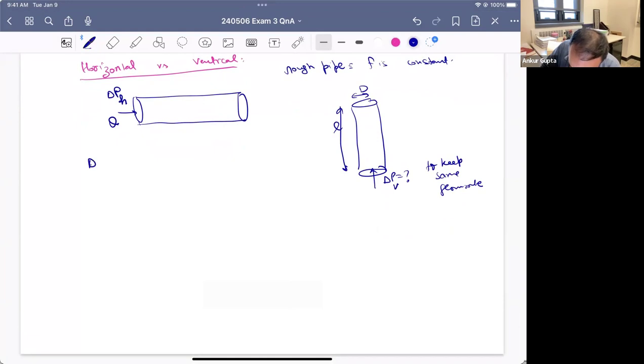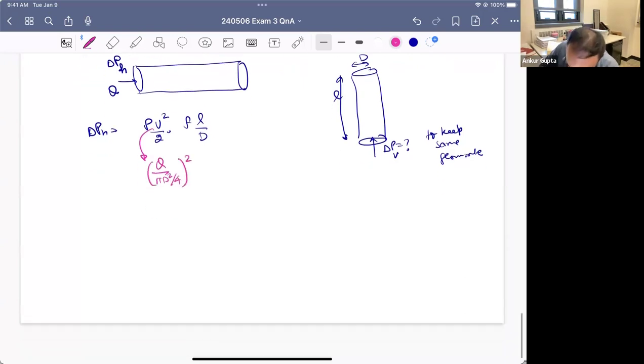So delta P_H, I know, is rho U square by 2 into fL by D. And so I can now say Q by pi D square by 4, whole square.